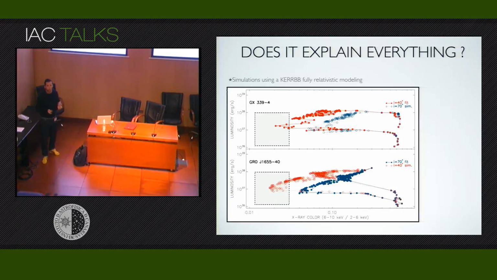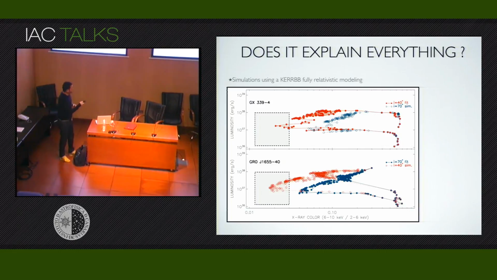We can fit the whole outburst evolution within a full relativistic model. One of the parameters that these full relativistic models include is, of course, the inclination. If we fit using the real inclination, 40 degrees in red here, the filled dots, we have essentially the same track as before. And here, in blue, for the high inclination system, we have what we had before.